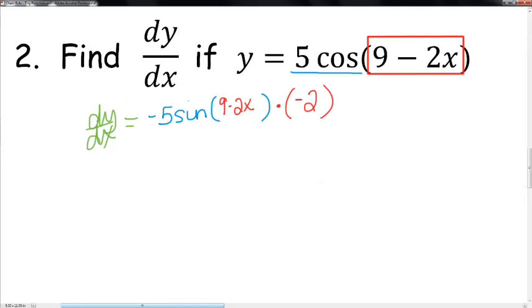And so if you're looking at a multiple choice question, they're going to rewrite this as positive 10, so negative 5 times negative 2 is positive 10 sine of 9 minus 2x.